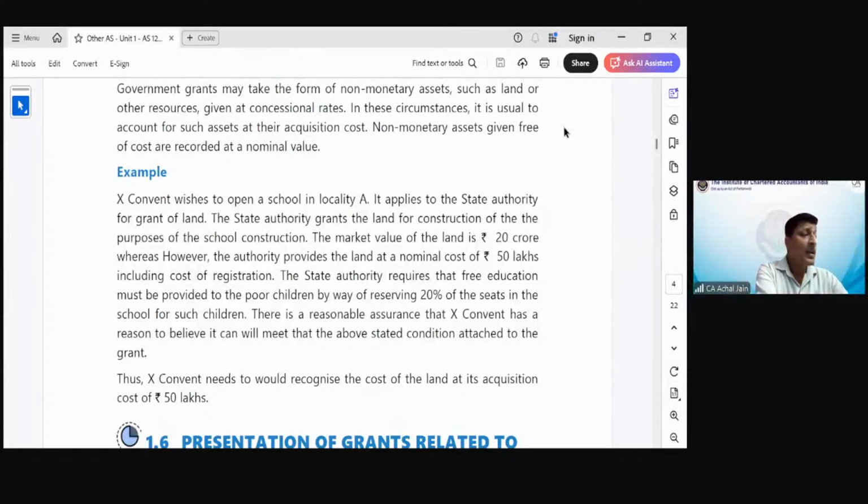Means, depending on the type of the grant it is, its accounting will be done. Okay. So that's why what we will do is, we'll pick up all of these categories one by one. And accordingly, we'll look into its accounting.